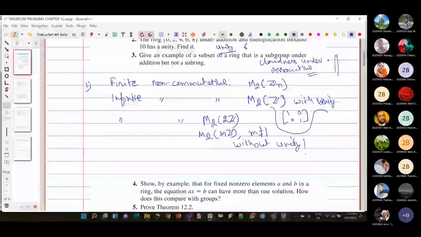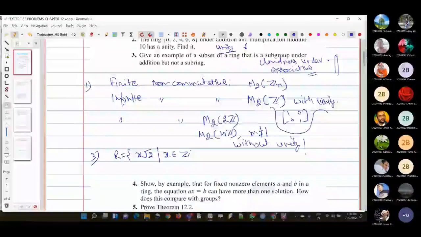Only closedness. Okay. So for closedness, we can consider a ring of this form, x times square root of 2, or we can take any prime in place of 2, and we can take x belonging to the set of integers. So we are considering this kind of set.